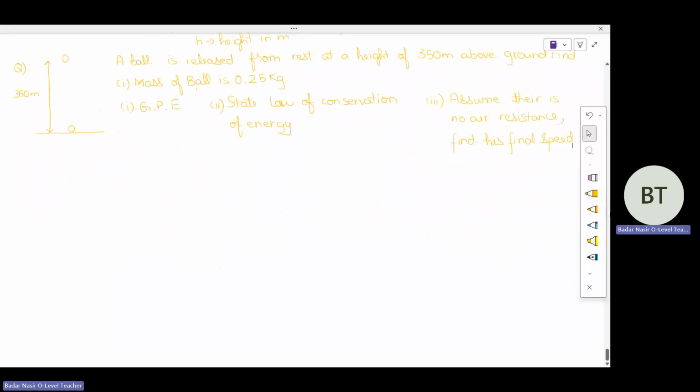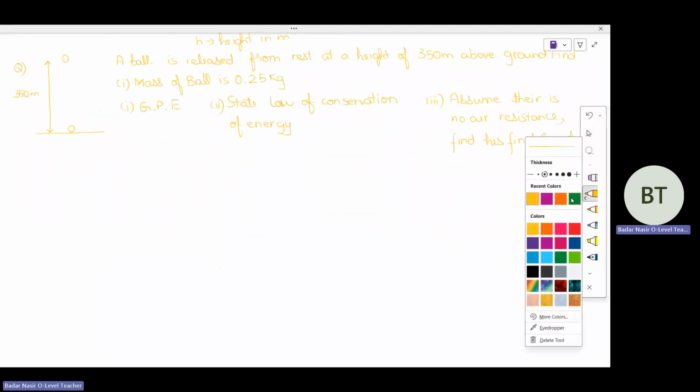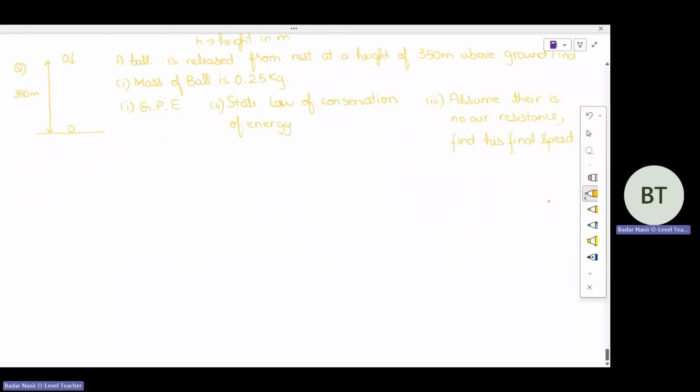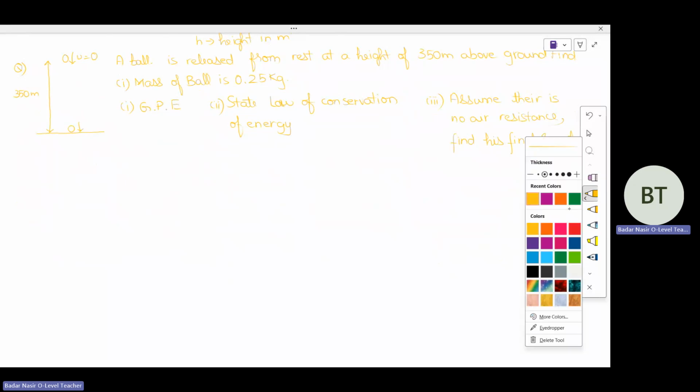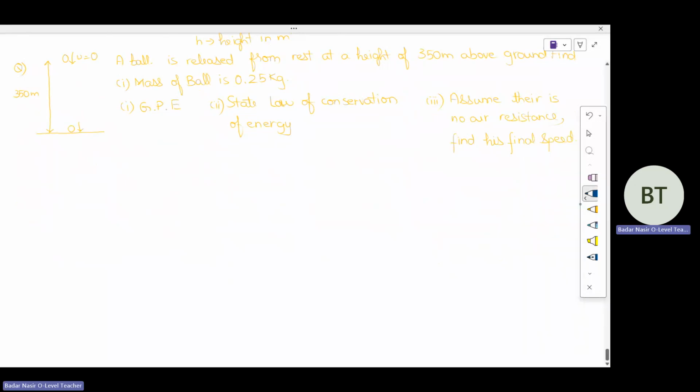Acha, so the first part. Now the ball is 350 meters above the ground. Initially the ball was at rest, and when we release the ball, the ball will fall downwards. Initially at rest so u is 0, and the ball just hits the ground. Now they ask you to calculate or find its gravitational potential energy. So we just have to use the formula for the gravitational potential energy, which is mgh, right?